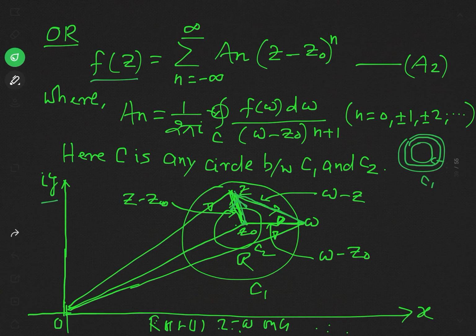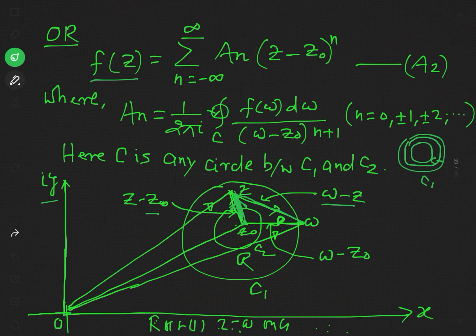And from this figure, you can see the modulus of Z minus Z0 will be what? This will be actually the length of this line, which I am just showing you. And W minus Z, this is represented W minus Z.